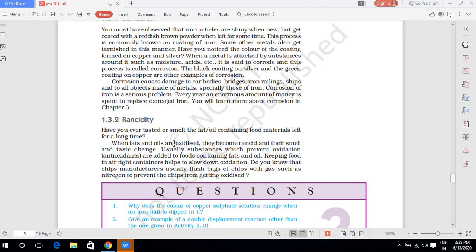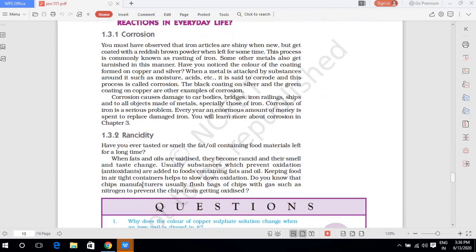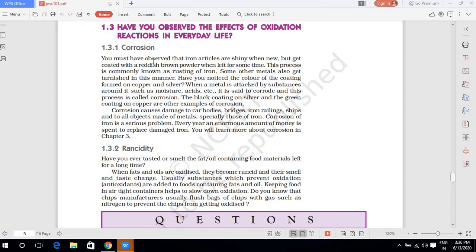A very good smelling food item can turn into a bad smelling food item. That is because of oxidation. When the oxygen from the air combines with the fats, the smell will turn. That is because of the oxidation reaction. And that phenomenon, the spoiling of the smell of fats or oil containing food, is called rancidity. So rancidity is also due to oxidation, and corrosion is also due to oxidation.